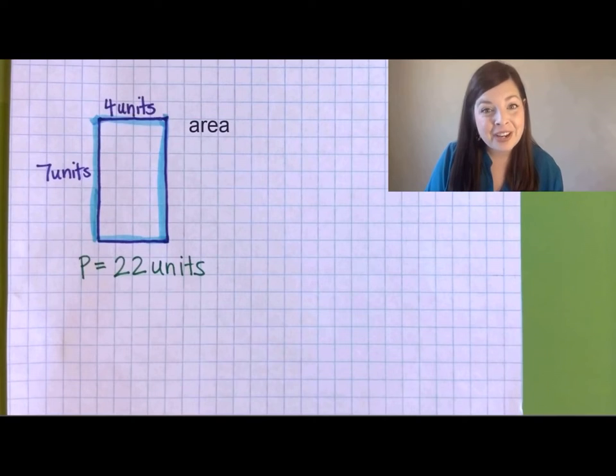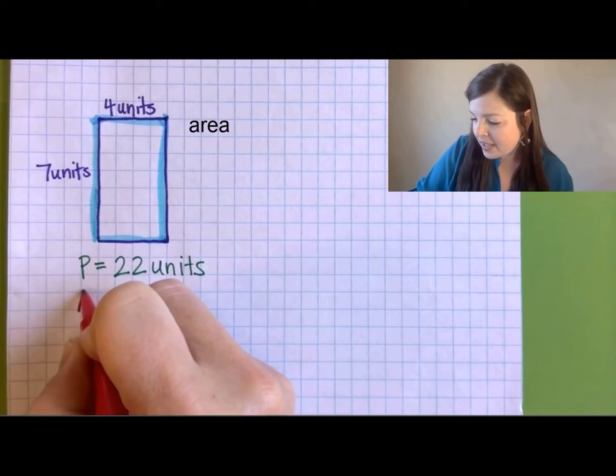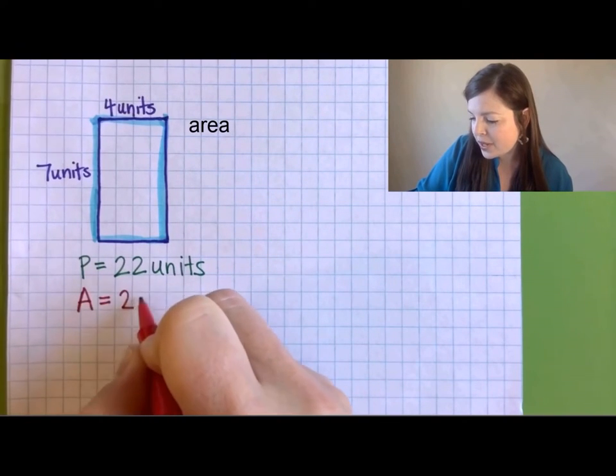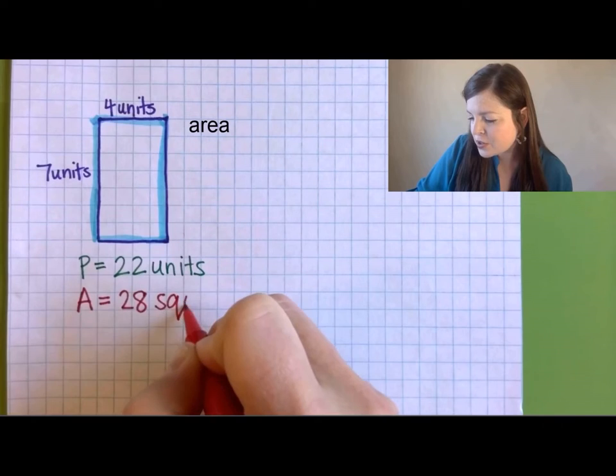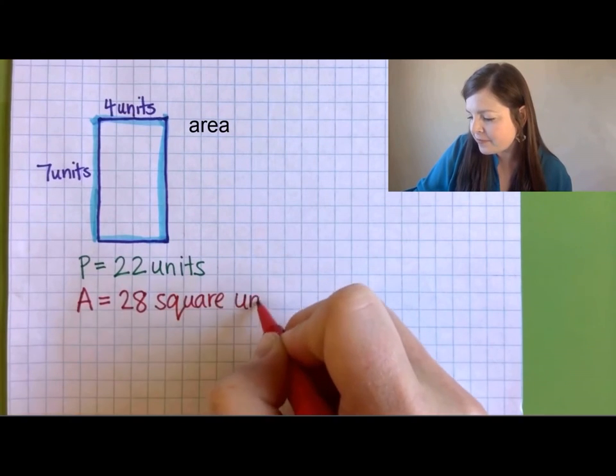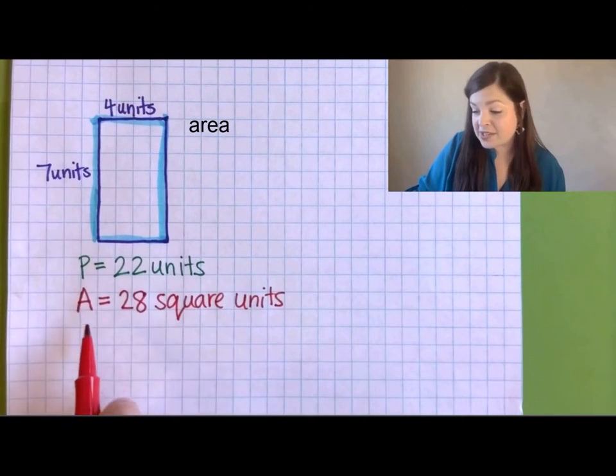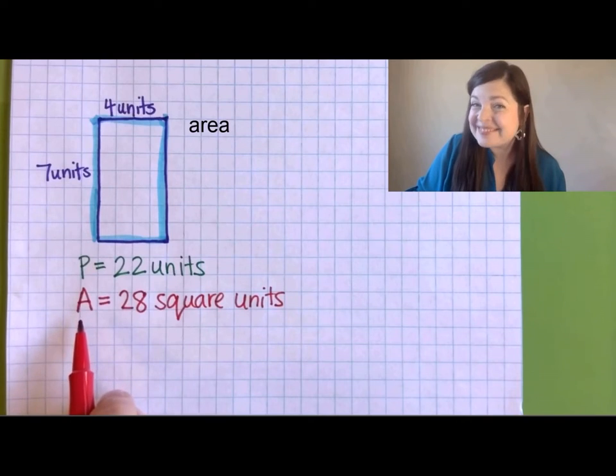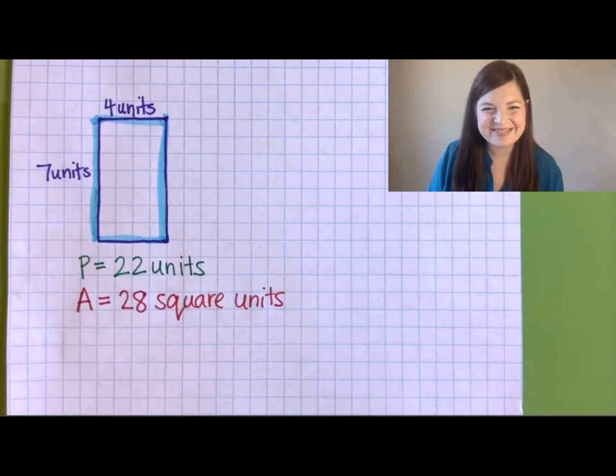We found the area. Everyone say area. And we can write A equals 28 square units. And of course, the A stands for area, right?